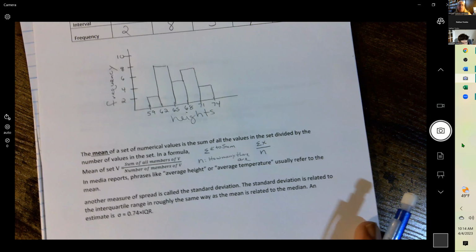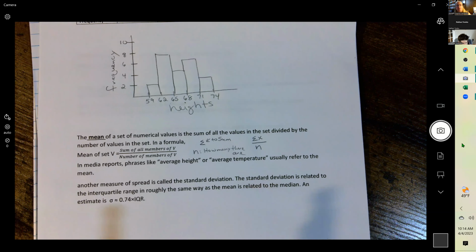Along with mean, we use a measure called standard deviation, kind of like our range and the interquartile range and the normal range. It shows a spread of data. Well, the standard deviation also shows a spread of data. Now here they show you a shortcut for finding an estimate.